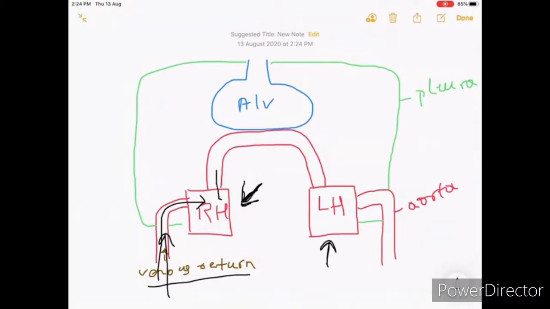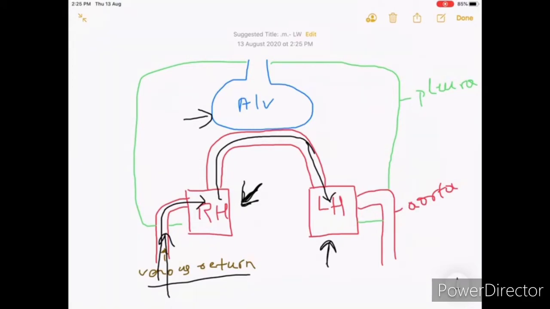Then through the pulmonary vessels, which is indicated here, it exchanges gases with the alveoli and then it goes to the left heart.